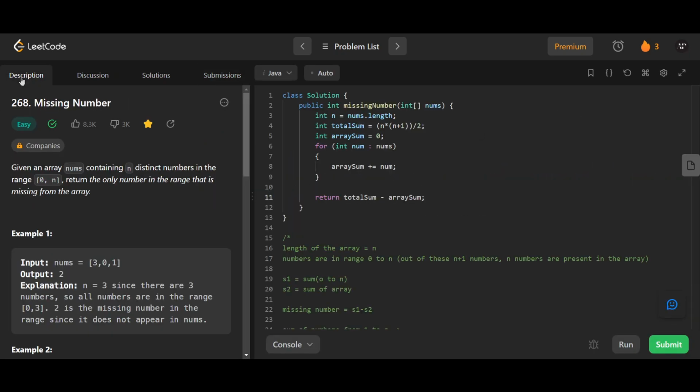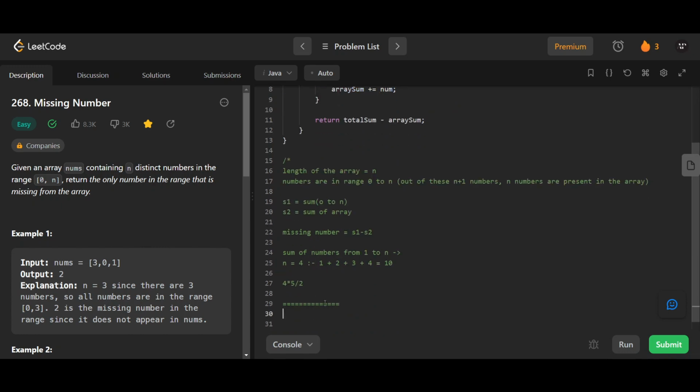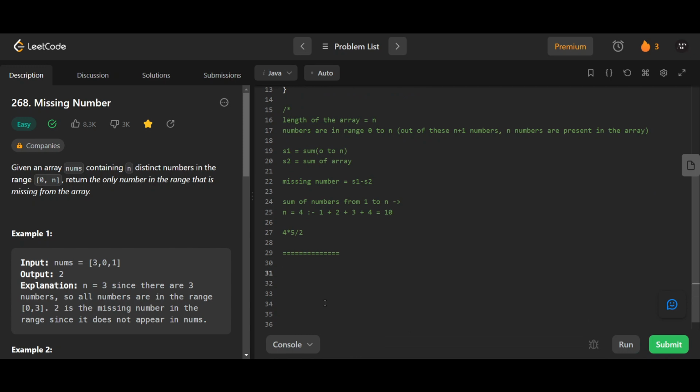I wanted to check another way this can be done, which is, can I do XOR? So another approach that I was thinking to use here is the idea that if you do XOR of a number with itself, it is zero.